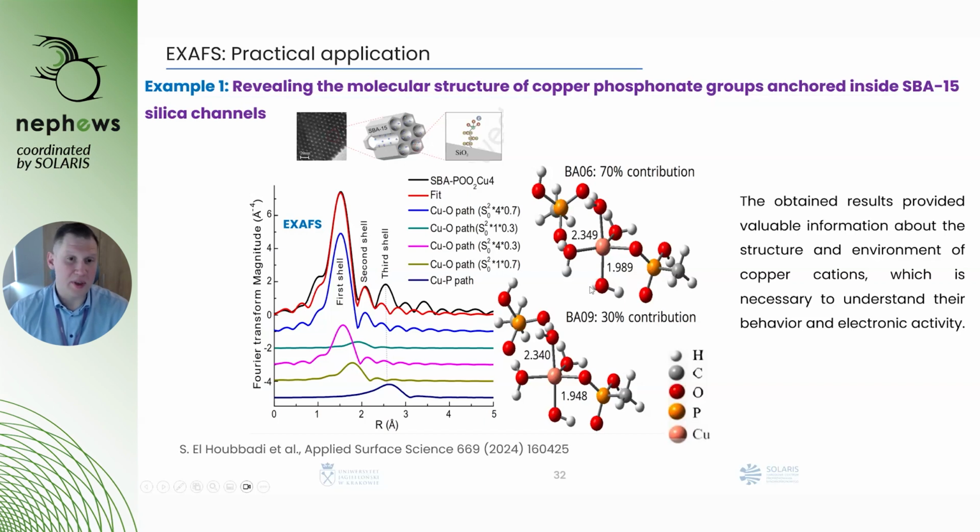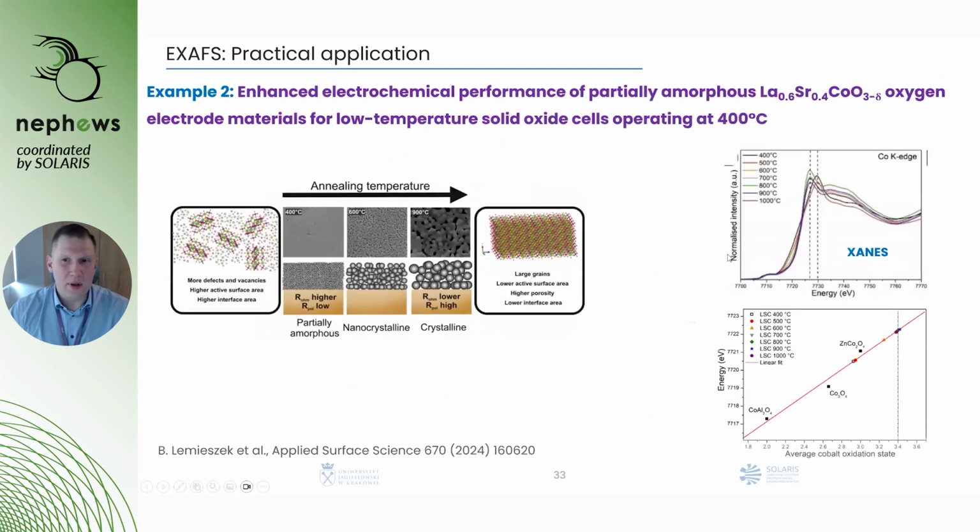So, as you can see, we could precisely investigate the local structure of a quite complicated molecule anchored in a very complicated system. Also, for example, we could investigate how the local structure of solid oxide cells changes depending on the annealing temperature.